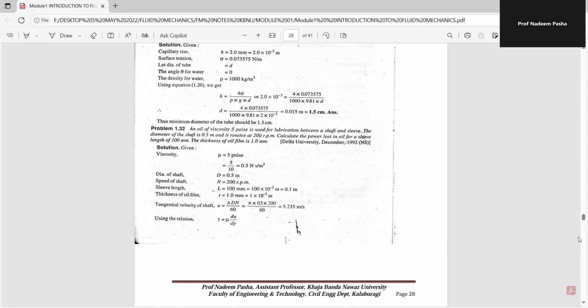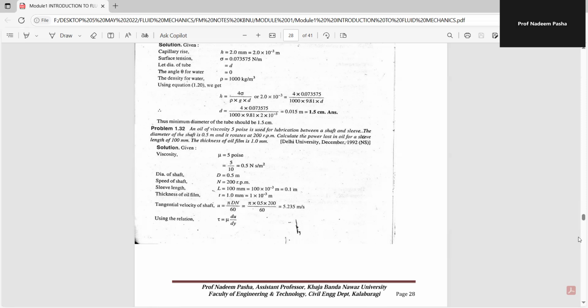It is a very important module 1 because the entire physics is dependent on this topic. If you are unable to understand this topic, then you cannot understand anything. So just try to remember the definition of fluid, the properties of fluid, density, specific weight, specific gravity.